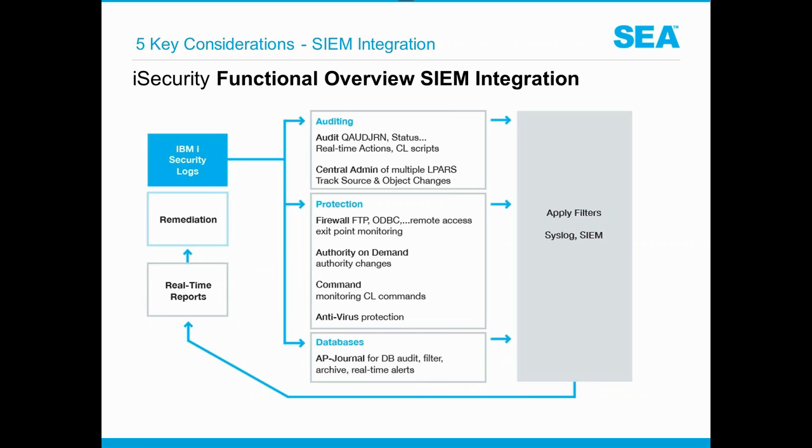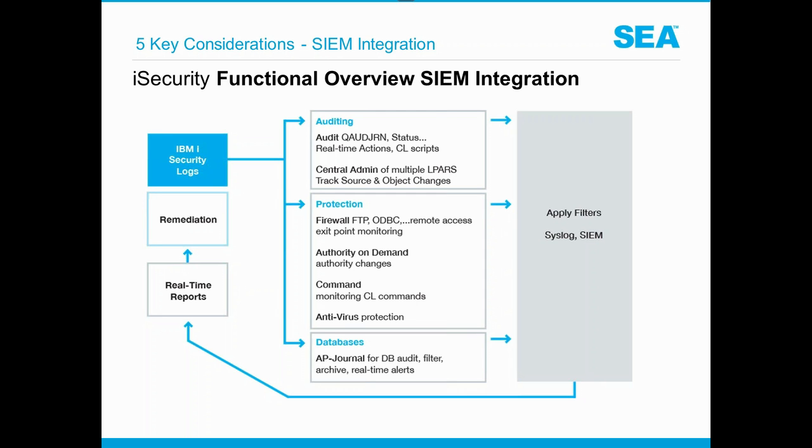SEA's suites of security products are fully capable of supporting SIEM integration today. iSecurity Audit allows for all of the IBM i entry types to be sent along with QSysOper, QCPF message, QHIST, just to name a few. iSecurity Firewall can send exit point monitoring logs to the SIEM.